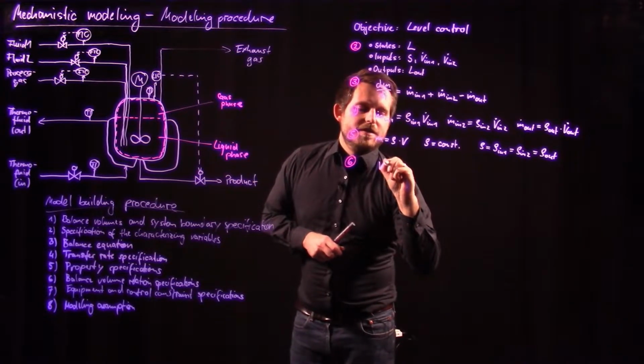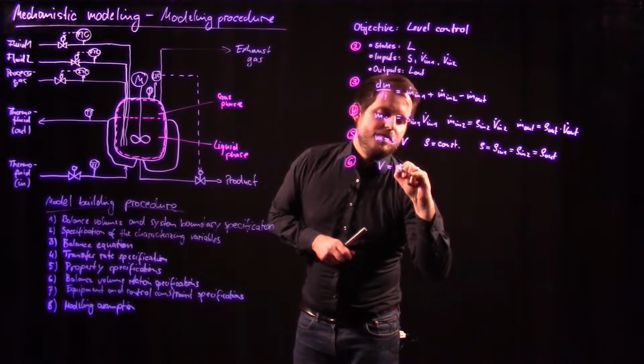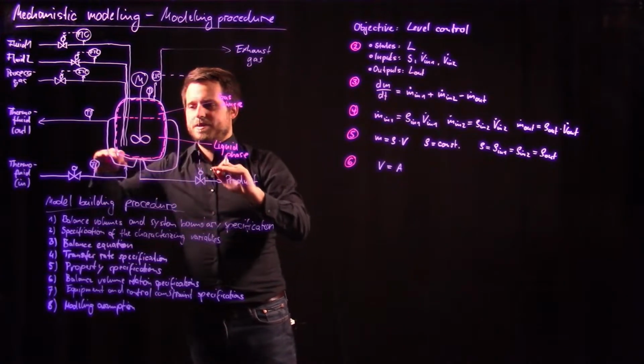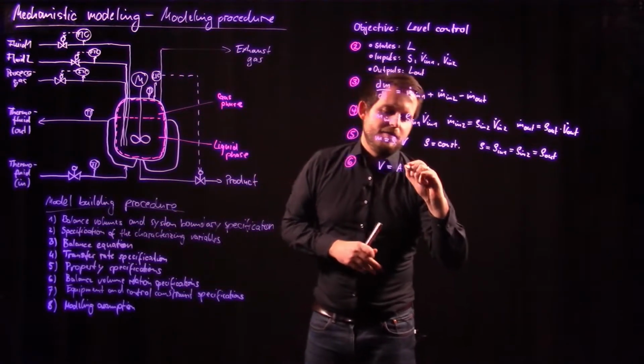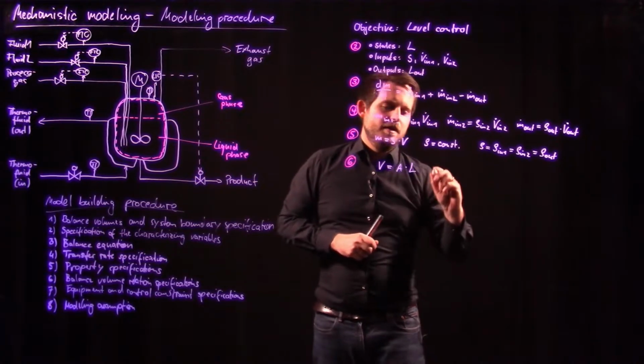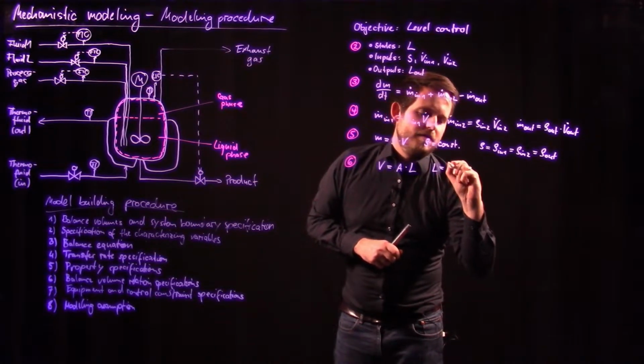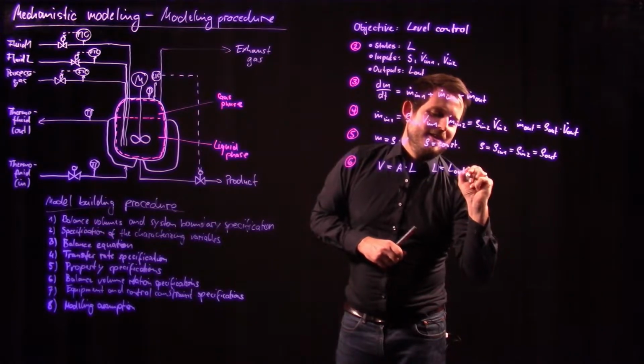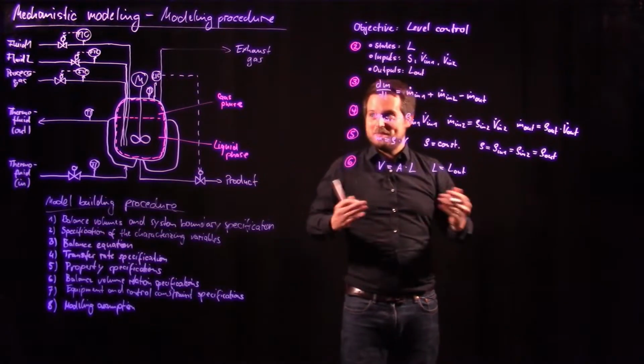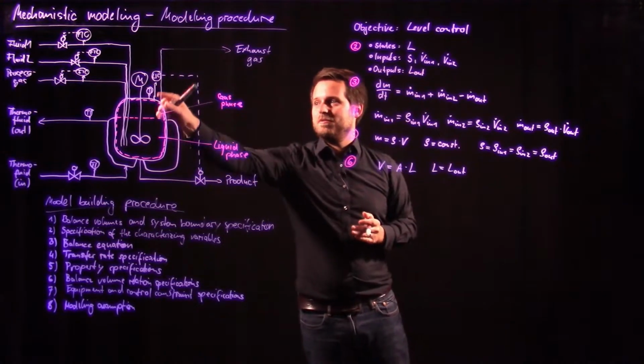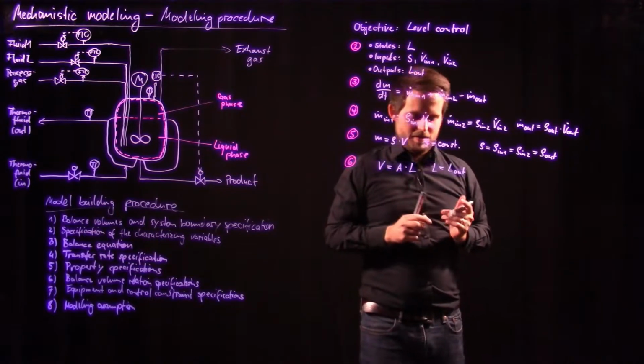First of all, we could say that the volume relates to the cross-sectional area of the reactor times the level. Then we could say that the level relates directly, clearly, to what is measured as the level and goes out on that arrow here.